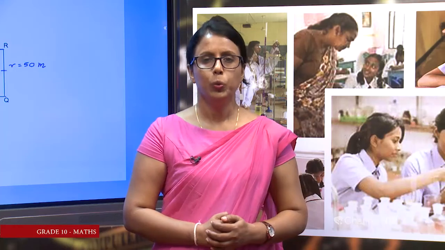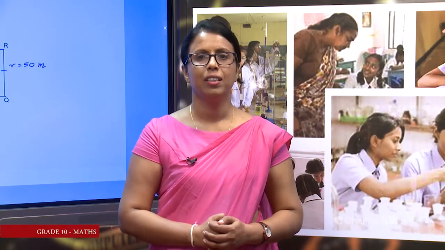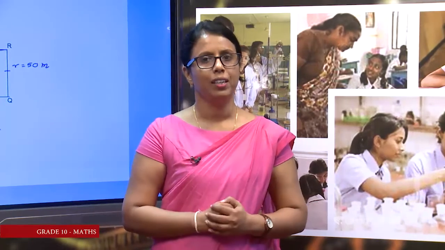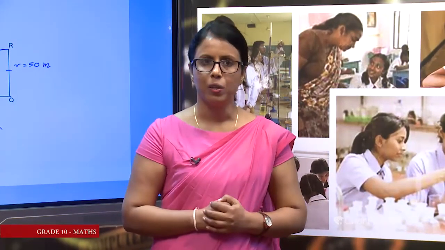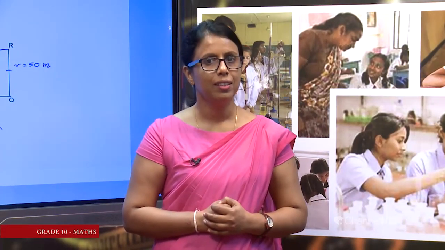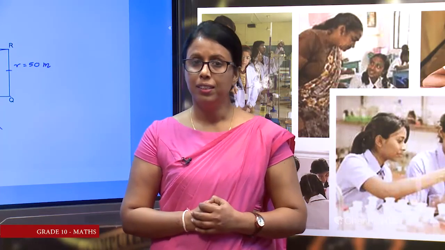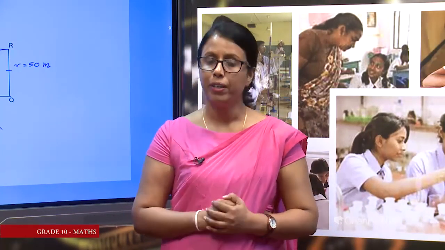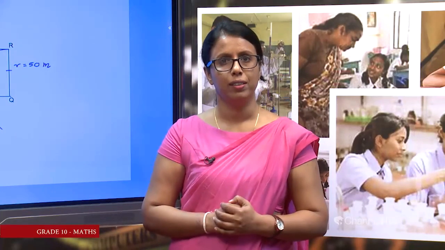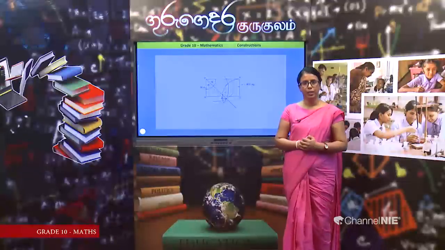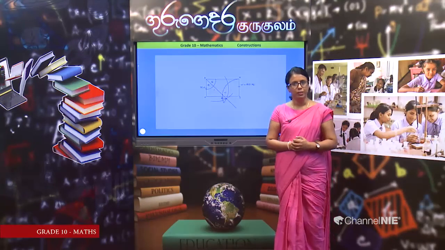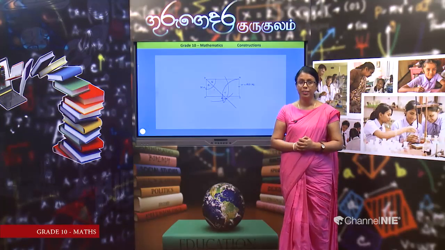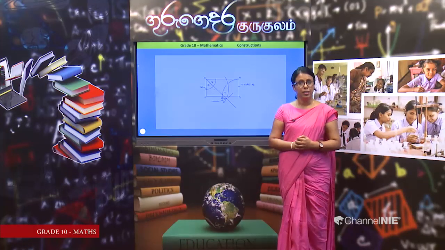Children, today we have learned what a locus is, and 4 basic loci. What is a locus? It is a path. It is the path of a point moving according to a geometrical law. Next we learned 4 basic loci. What is the first basic locus we learned? That is the circle.